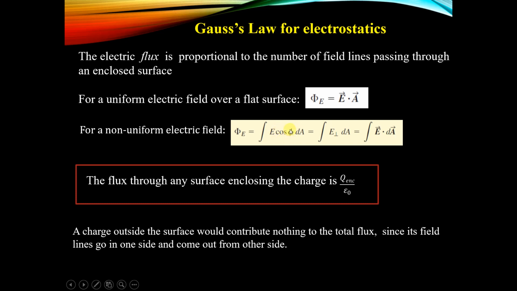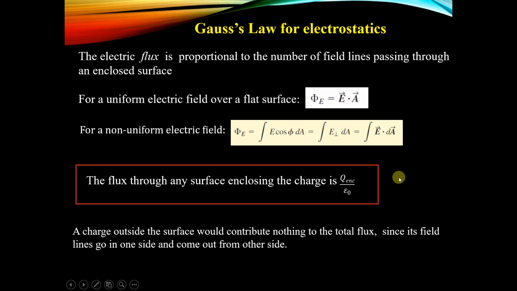Phi is the angle between the field vector E and the elemental area dA. So in general, for a non-uniform field, the flux phi E is given as integral E dot dA, field vector dot elemental area dA.